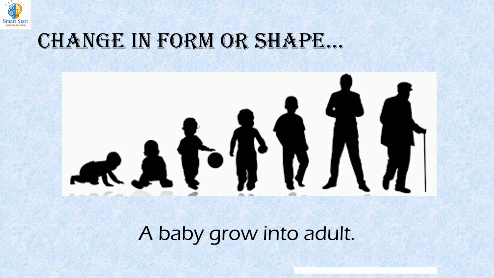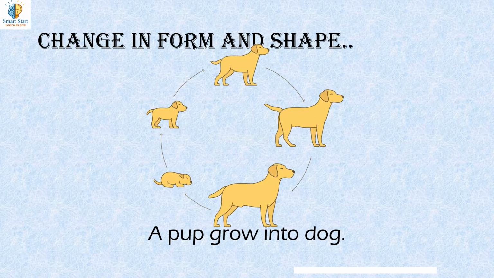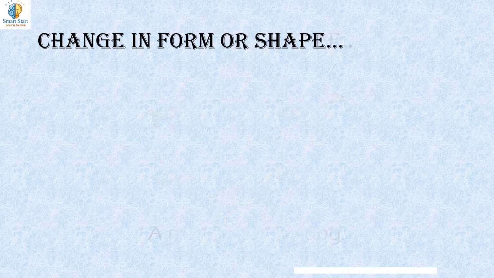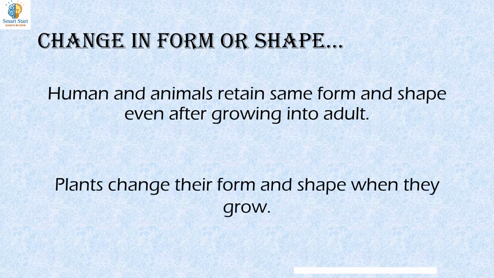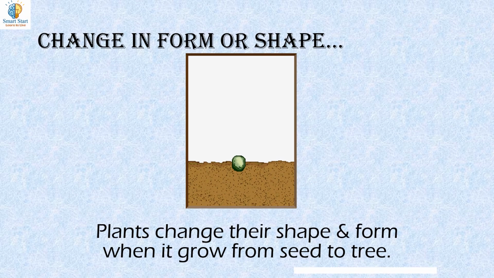Humans and animals retain the same form and shape even after growing into adults. Plants change their form and shape when they grow from seed to tree.